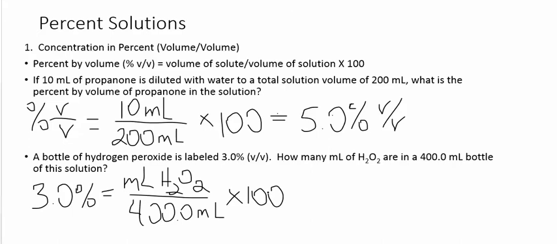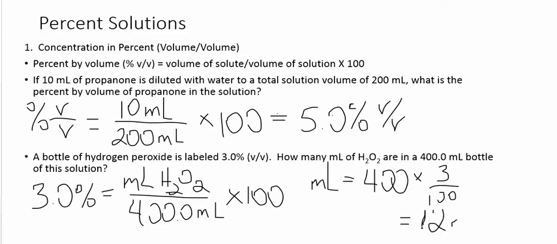So to get the mL, I would take 400 times 3 divided by 100, and that would leave me with a volume of solute of 12 milliliters when I rearrange that equation. So 12 mL of H2O2.